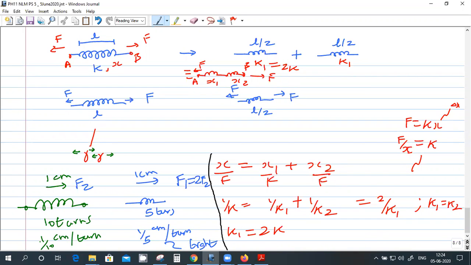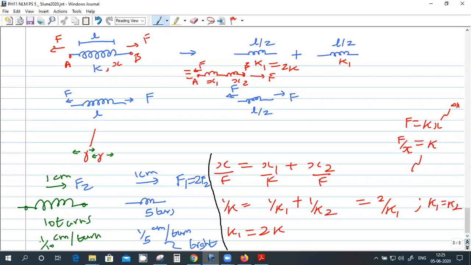So if a spring has a lesser number of turns, it's more tight. So when I combine two springs in series, the number of turns is increasing, right? So the combined spring will have a lesser K. K is the spring constant. If it is tight, K is more. So that's why the shorter spring will have more K. Here it is 2K and this one is K, the combined spring.